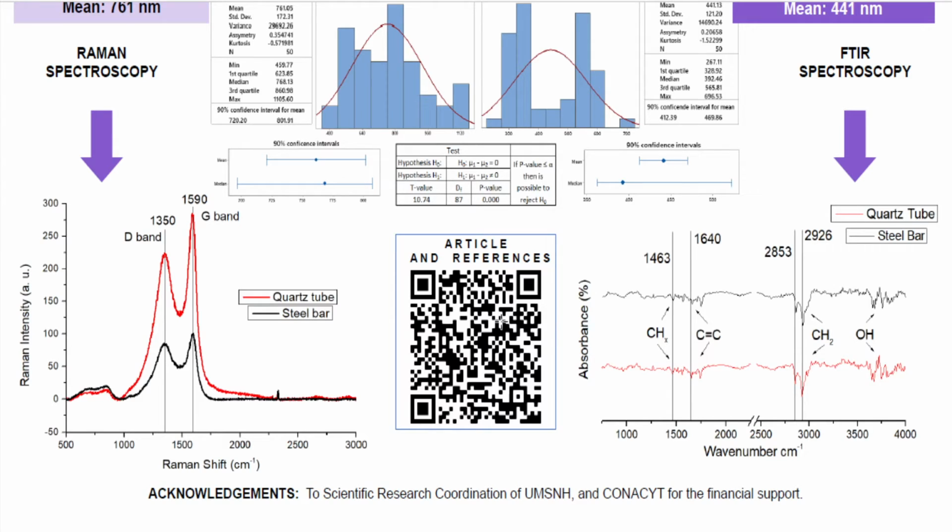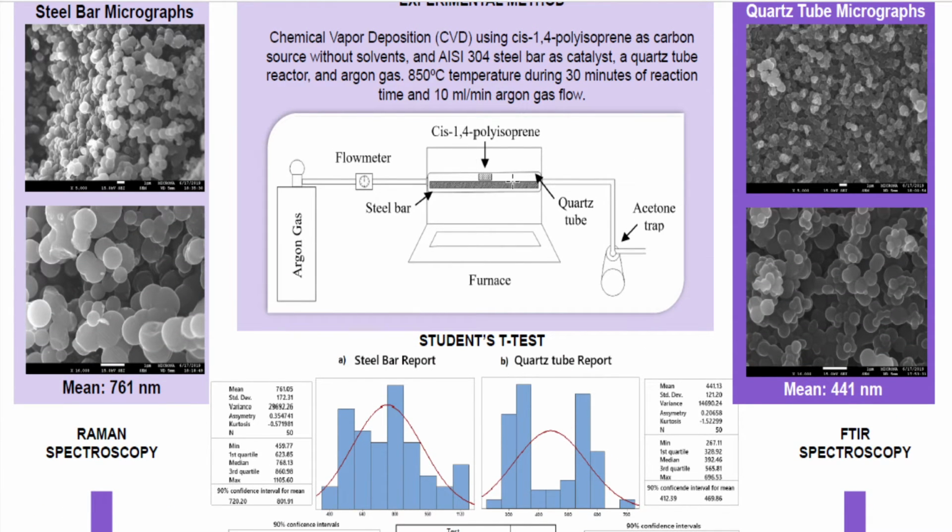As we can see, as a conclusion, the carbon spheres were synthesized from cis-1,4 polyisoprene, better known as natural rubber, on two kinds of surfaces using green chemical principles and the CVD method that is shown over here.